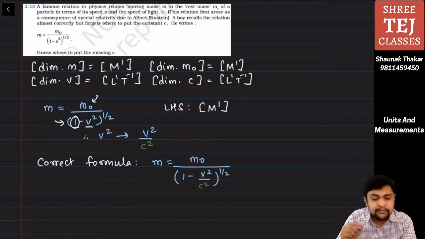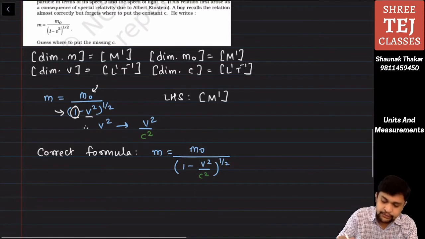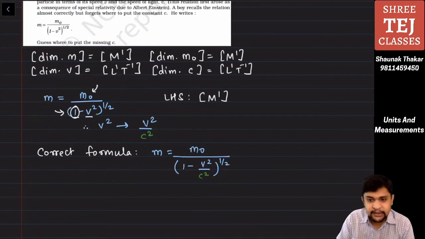So denominator will become dimensionless. Therefore, you are dividing mass m naught by a dimensionless quantity, which will result in getting another mass. So now the formula is dimensionally correct. So we have guessed where to put the missing c. So it should be v square divided by c square. Now let us move to the last question that we will discuss now.